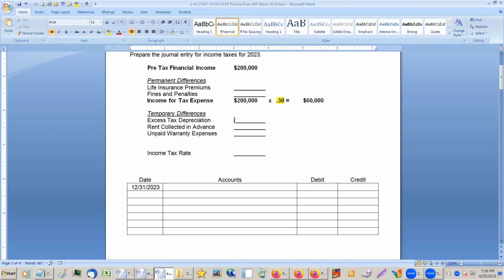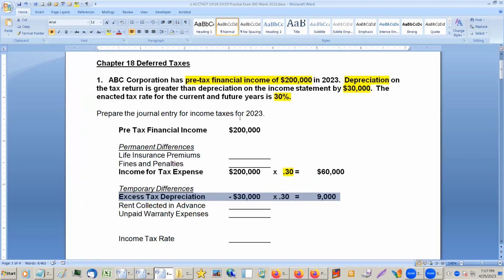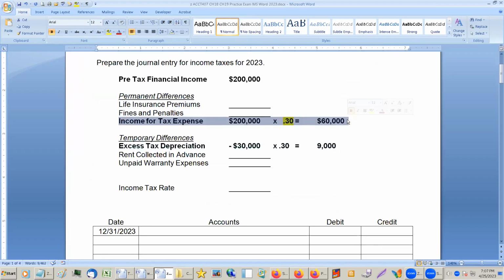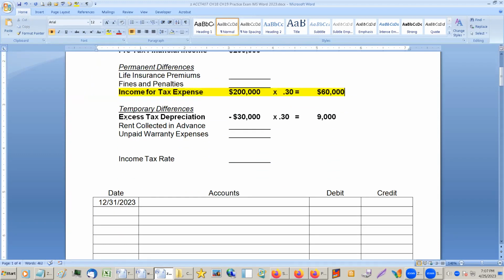Now we have excess depreciation. So they're allowing us to depreciate more, and they're doing that to help us, to encourage us to buy equipment and keep people employed and all that kind of stuff. And so this will be our taxable income or taxes payable.